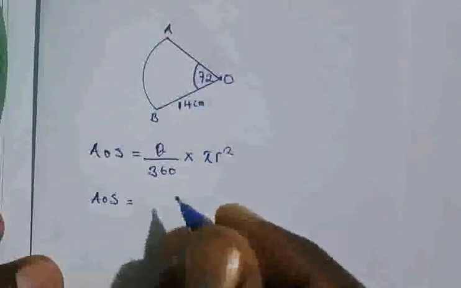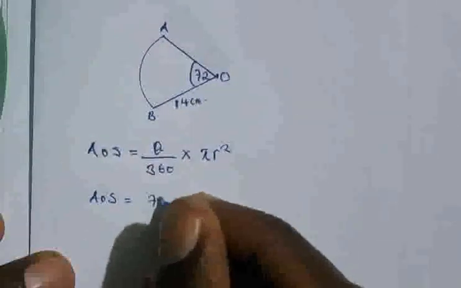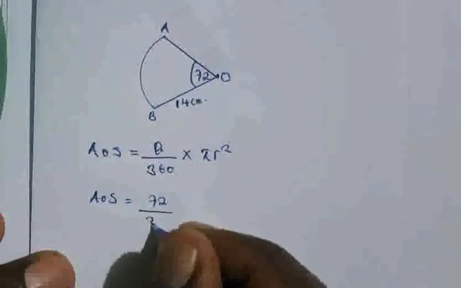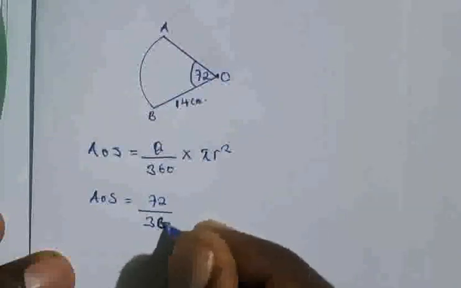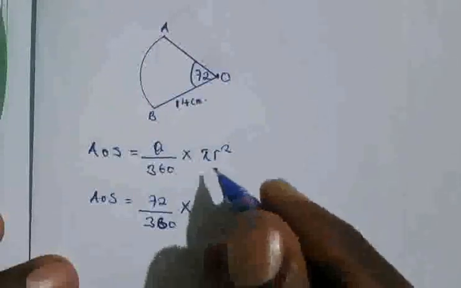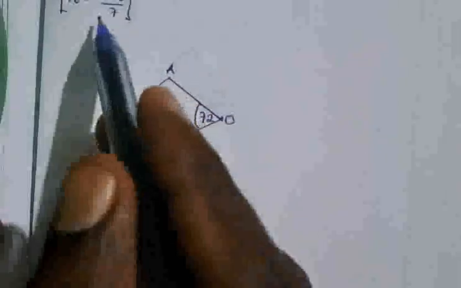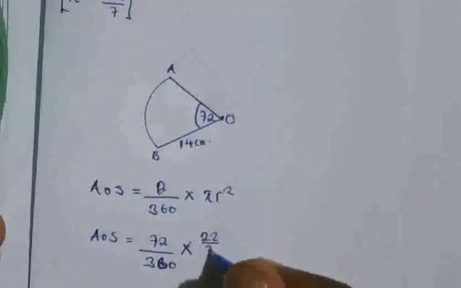AOS is equal to, what is theta there? The theta is 72 over 360, times, what is pi? We're told pi is 22 over 7.